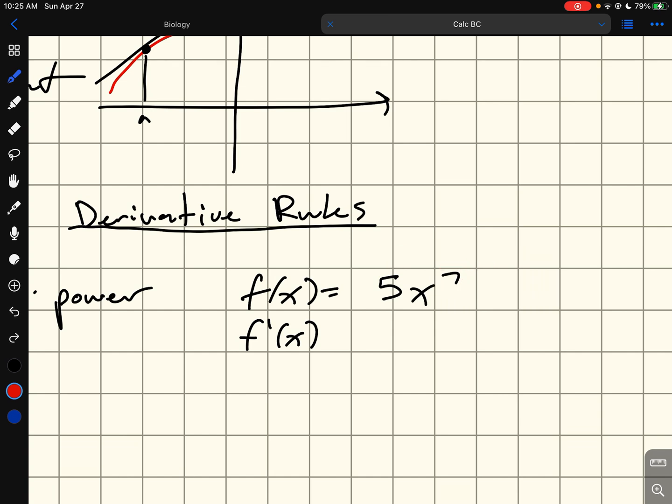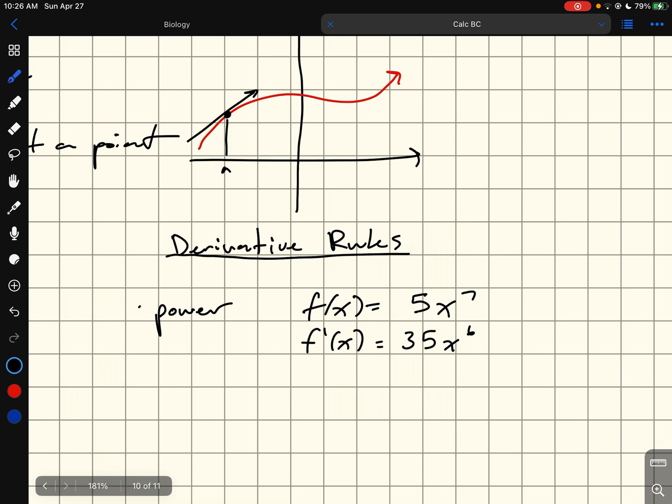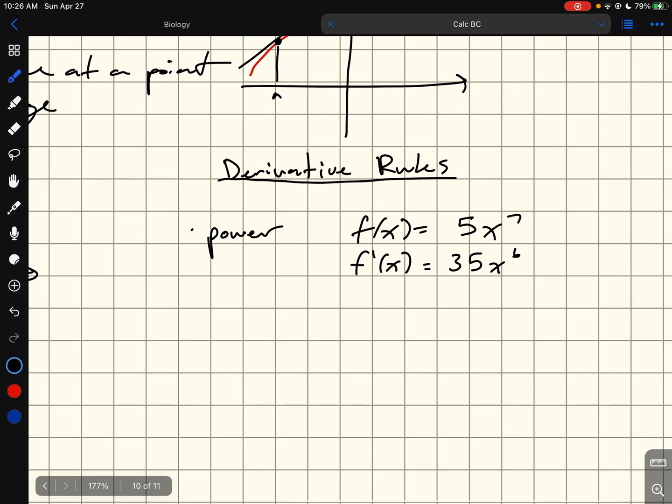And when we move it to the front, there's already a 5 there, so that means our 7 is going to multiply to this 5. So it looks like 5 times 7x to the 6. Because remember, you minus 1. And then 5 times 7 is 35, so it's really just 35x to the 6. That's power rule.